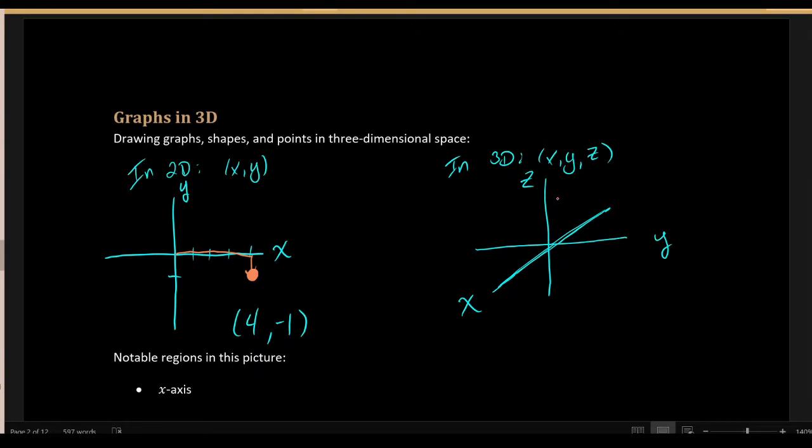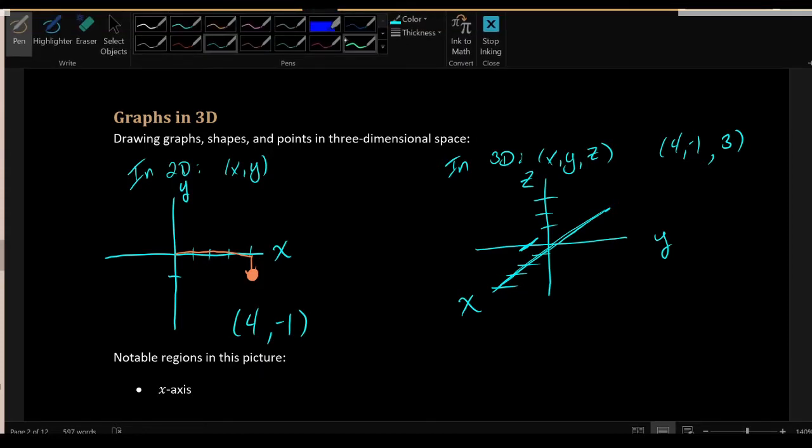Now, if you want to draw a point, such as (4, -1, 3), then the 4 in the x's position is telling us to go 1, 2, 3, 4 units in the positive x direction. The -1 in the y's position is telling us to go 1 unit in the negative y direction. The +3 in the z position is telling us to go 3 units straight vertically upward.